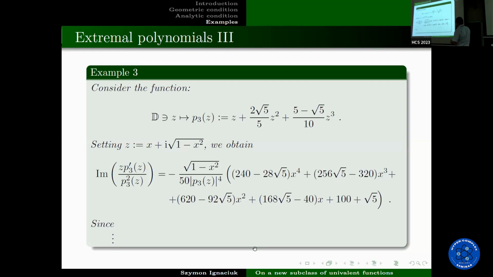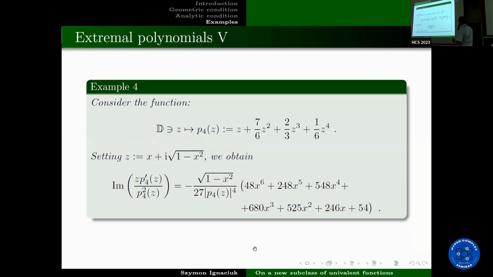So it is obvious that for x from 0 to 1 this is positive, but for x from -1 to 0, it's not that obvious. And as I said, we didn't come up with any sophisticated way to show that it belongs to our class.